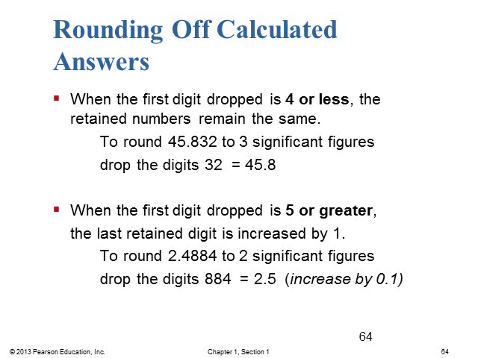So in the case here, if we have to round 45.832 to 3 significant figures, we're going to want to keep the 4, 5, and the 8 place. We see that the 3, 2 is going to be dropped off, and because the first digit that's going to be dropped off is a 3, that is 4 or less, right? It's less than 4, and so the 8 is going to stay the same, and so we're going to be able to report 45.8.